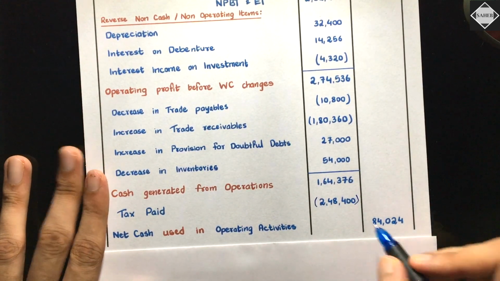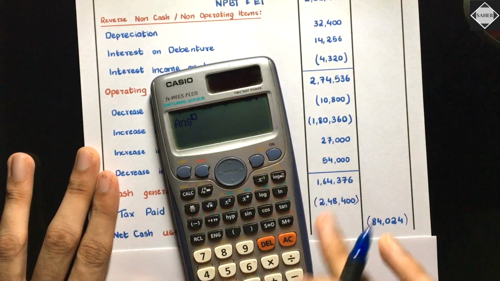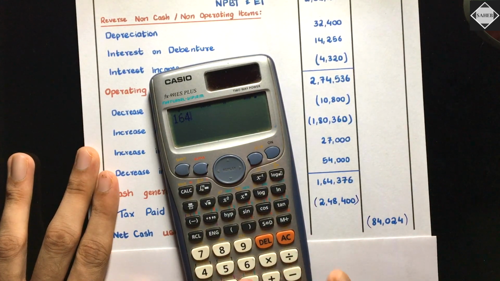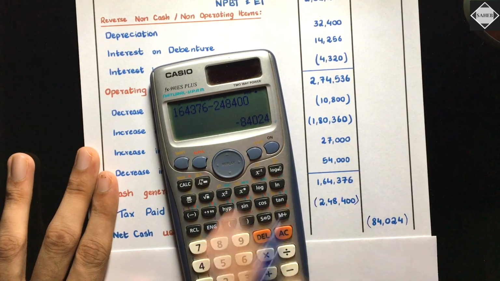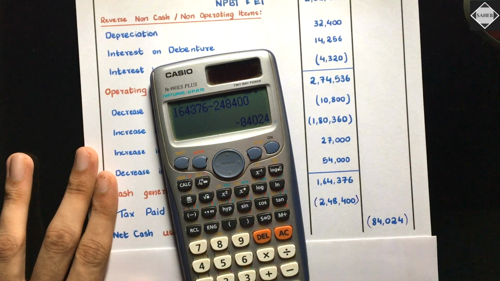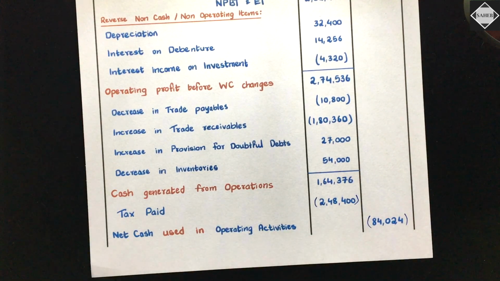See here, let me just show you. 1,64,376 minus 2,48,400, that is equal to, negative it is coming, minus 84,024 rupees. Is it clear? If it is negative, then we say net cash used in operating activities, 84,024. Simple and straightforward.